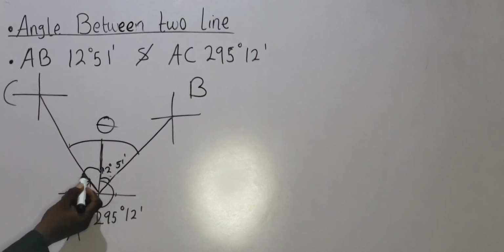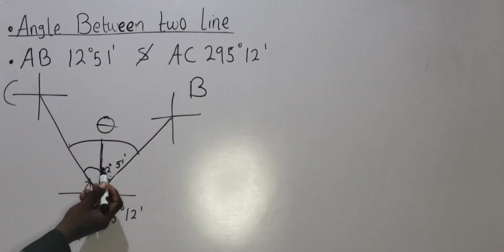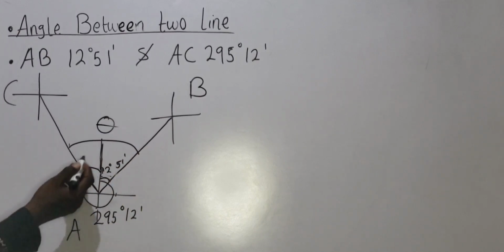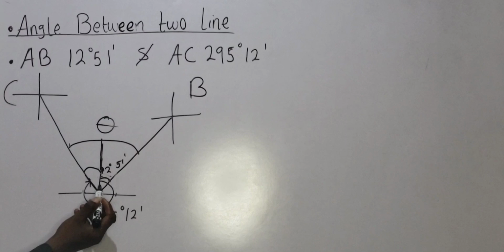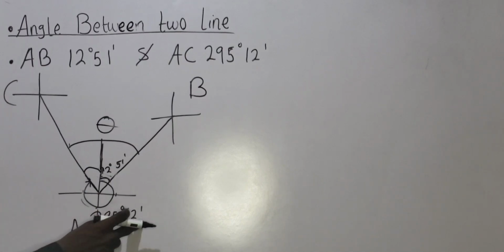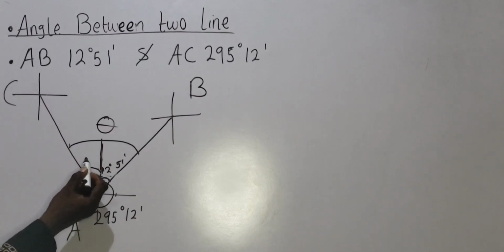The only angle I need to find is this other angle. I need to calculate this angle. I know that from this point to this point is 295 degrees 12 minutes. In order to calculate this angle, let me represent it as y.